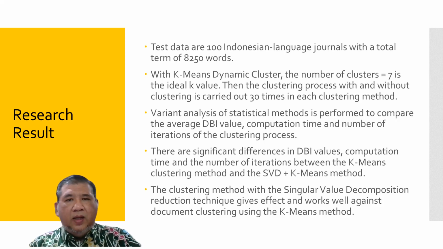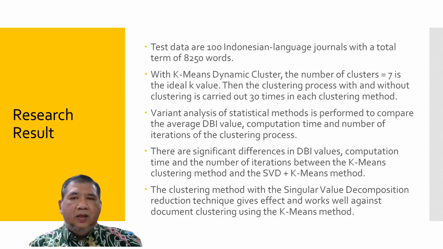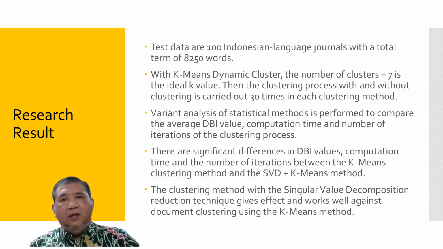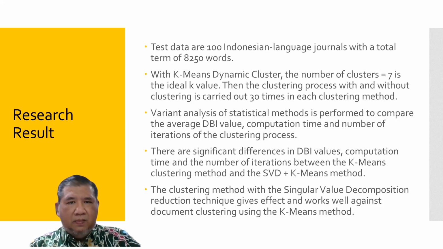And then we carry out the testing 30 times for each clustering method. We use the analysis of variance to compare the DBI value, the computation times, and the number of iterations.